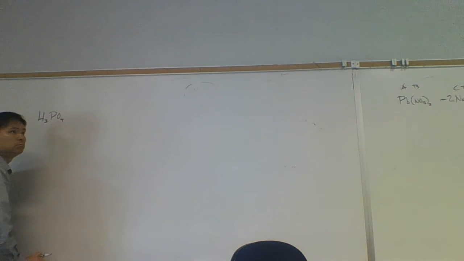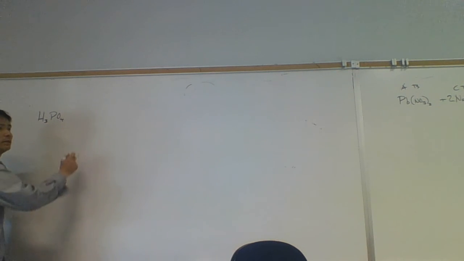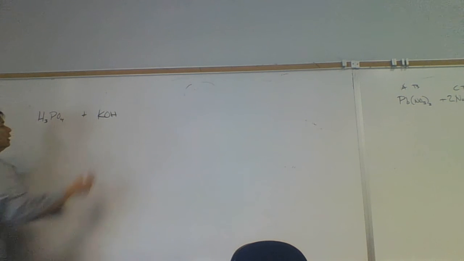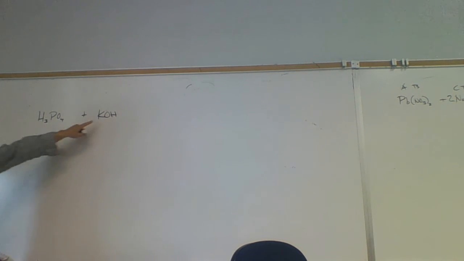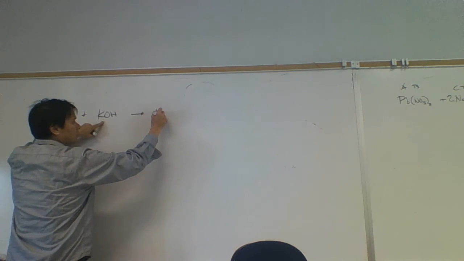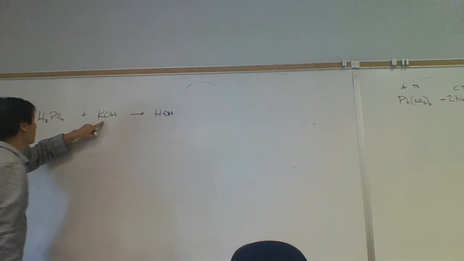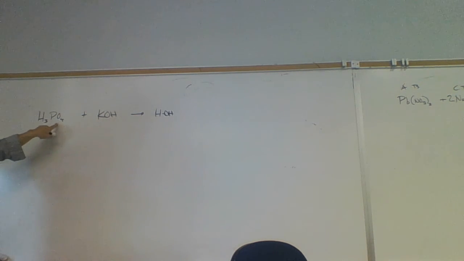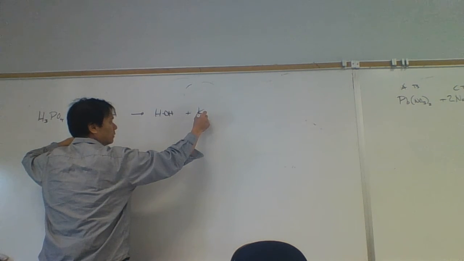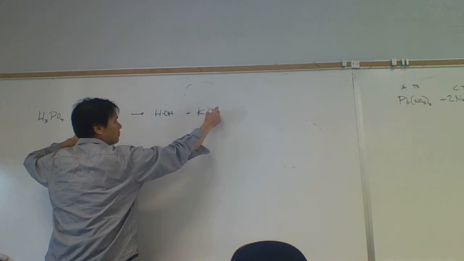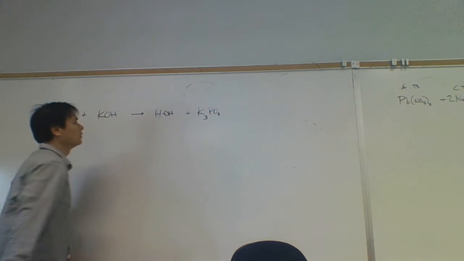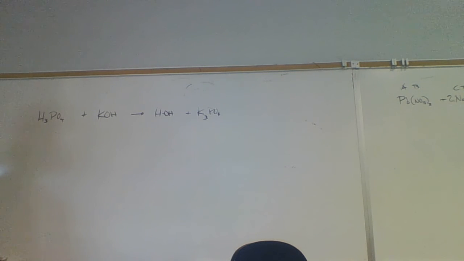And then potassium hydroxide, KOH. And so now we have hydrogen ions with hydroxide ions. Hydrogen with hydroxide forms water. I'll just write it HOH like that. And then we have potassium ions with phosphate, which is going to be K3PO4. Good.